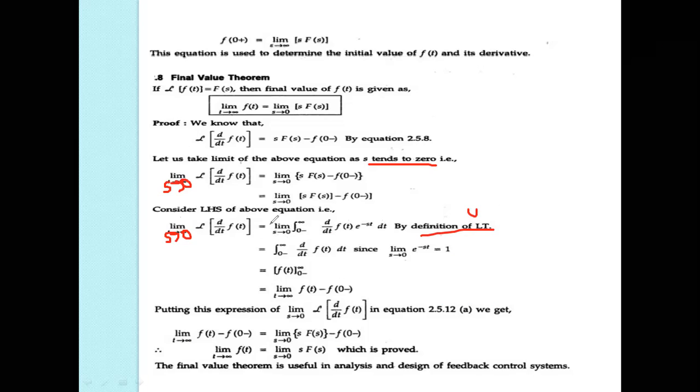Now here s tends to 0, so substitute s is equal to 0: e power minus 0 is 1. So the integral from 0 minus to infinite of d by dt of f of t dt. The integral of a derivative is simply f of t, with upper limit infinite and lower limit 0 minus.